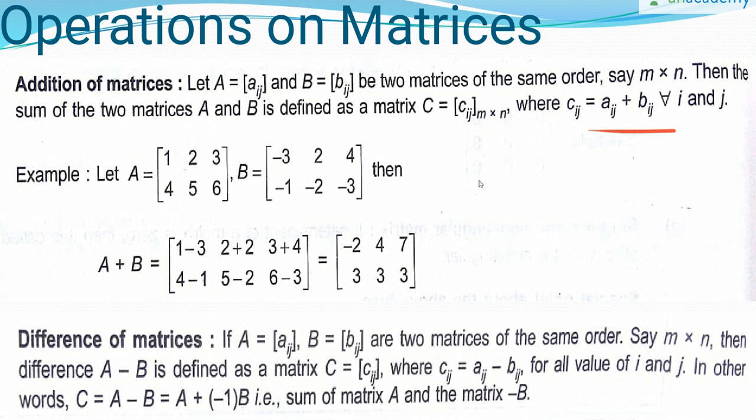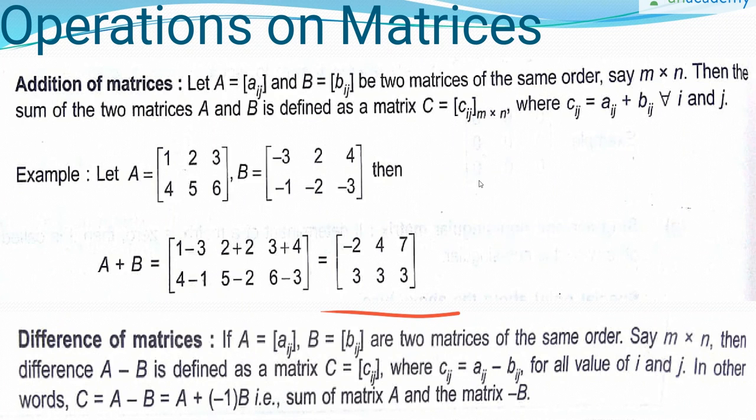Example is this: matrix A is 1 2 3 4 5 6, B is -3 2 4 -1 -2 -3. Then A plus B will be 1 plus -3, 2 plus 2, 3 plus 4, and similarly. So this will be our matrix C, that is A plus B. Now difference of matrices.